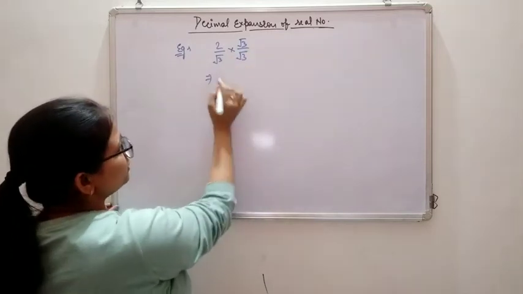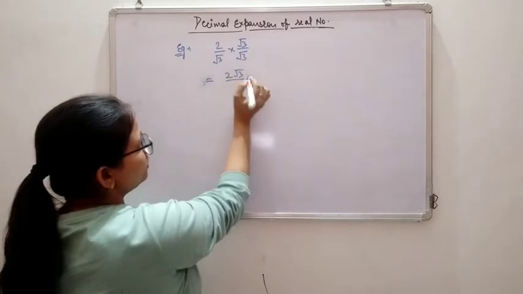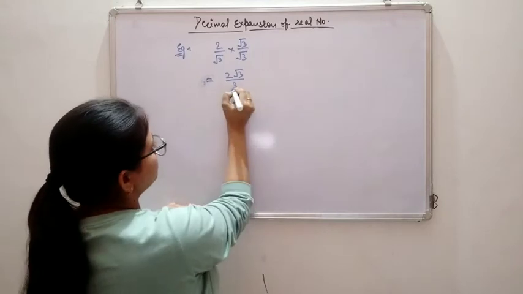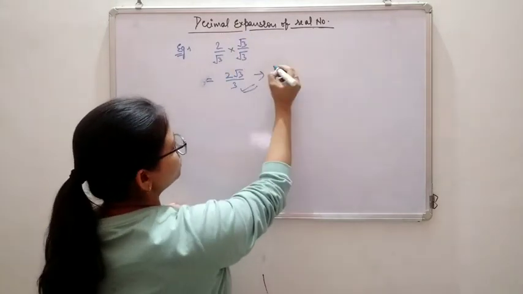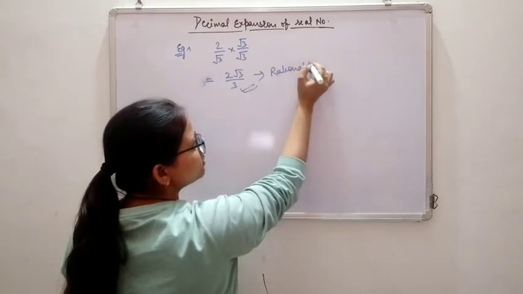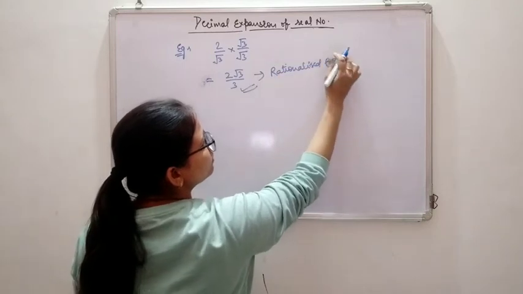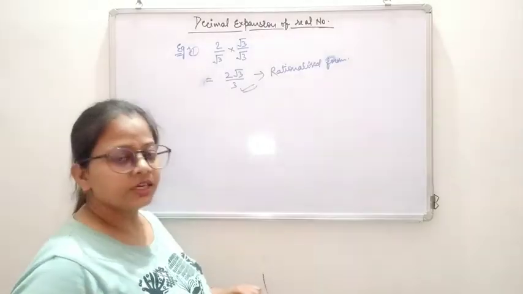So what will you get? 2 root 3 upon root 3 multiplied by root 3 will give you 3, right? So this is the rationalized form of 2 upon root 3.